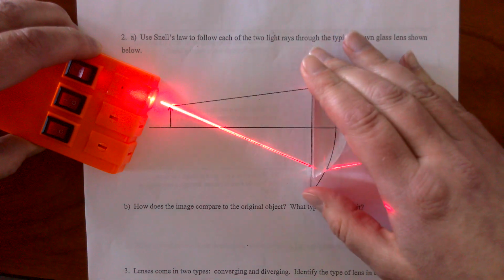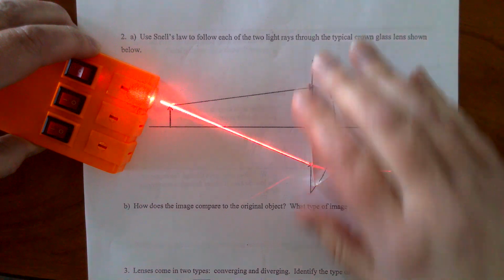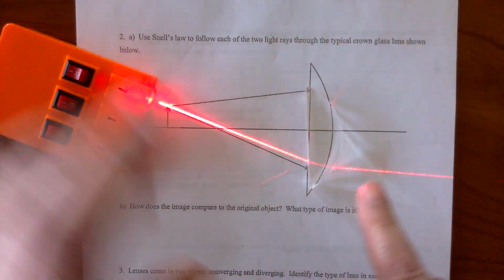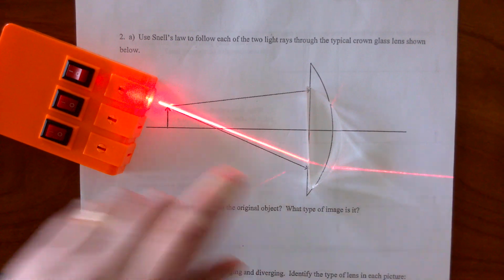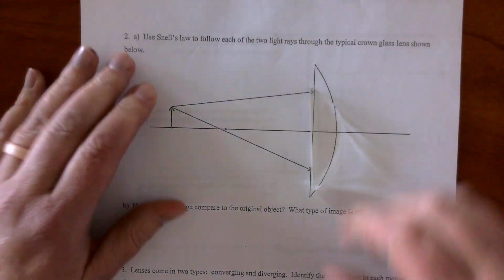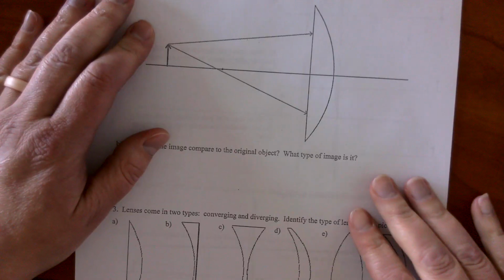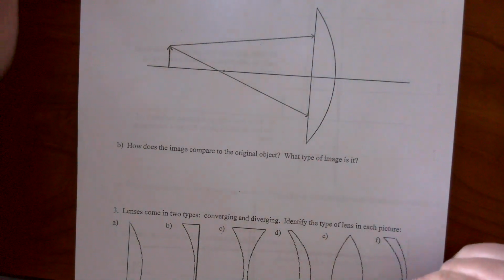So the basis behind lenses is just like that: the light comes in from an object, goes through a lens so that it bends, and goes out at a different angle. Okay? This is going to look similar to our mirrors in that this is where we're drawing ray diagrams.